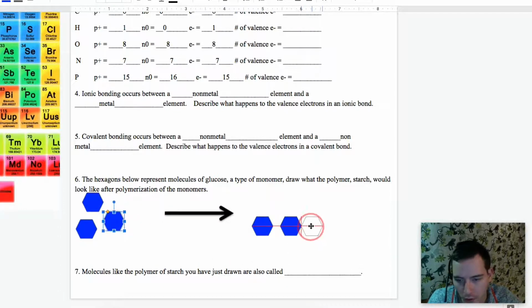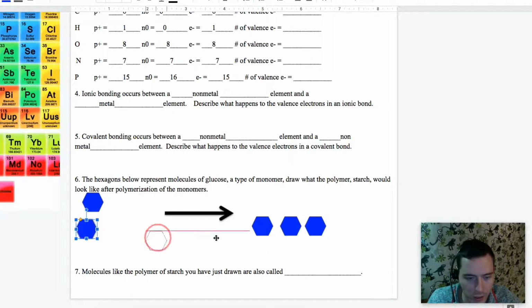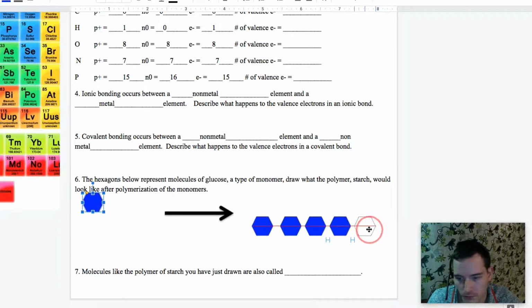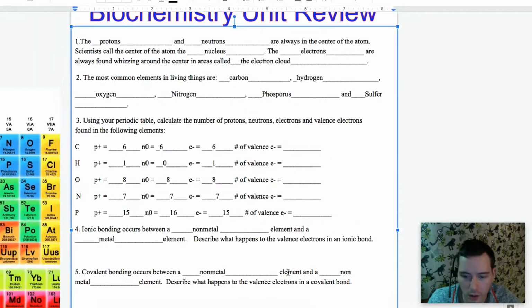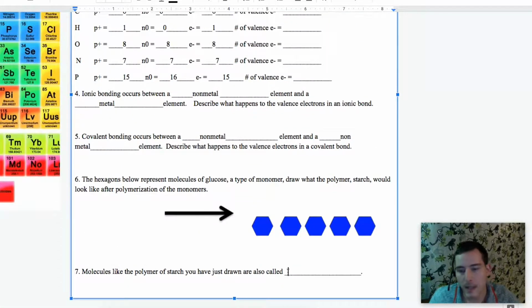So I take sugar and I bond them, and now I have starch, like what's in a potato. Molecules like the polymer of starch you have just drawn are also called, well, if a monosaccharide is 1 sugar, I have a bunch of sugars there, so that's called a polysaccharide.